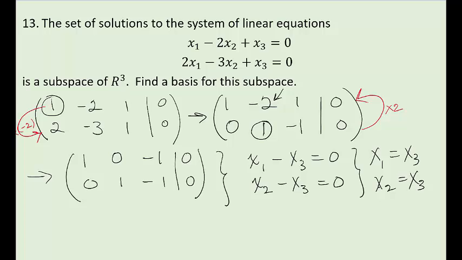So what we have is all vectors where x1 is the same as x2 is the same as x3. So a basis for this would be simply the 3-tuple 1, 1, 1. Multiplying in from the field of real numbers, we get all vectors that have the same first, second, and third entries. So the dimension of this subspace is 1.